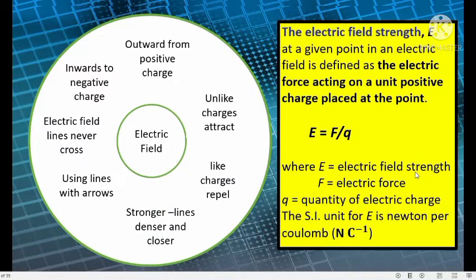E is electric field strength, F is electric force, Q is quantity of charge. Thus, the SI unit from this formula is Newton per Coulomb, or N C^-1. So this formula represents electric field strength at a given point in an electric field.